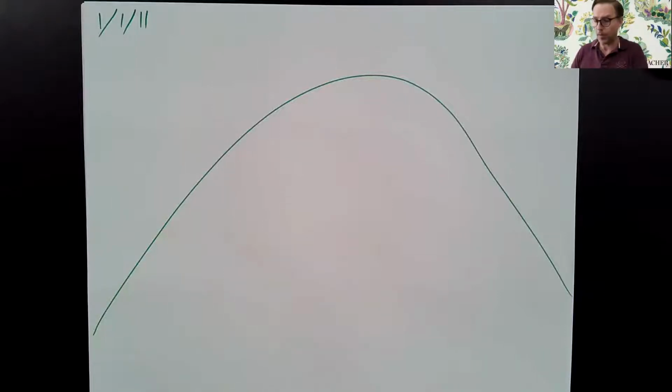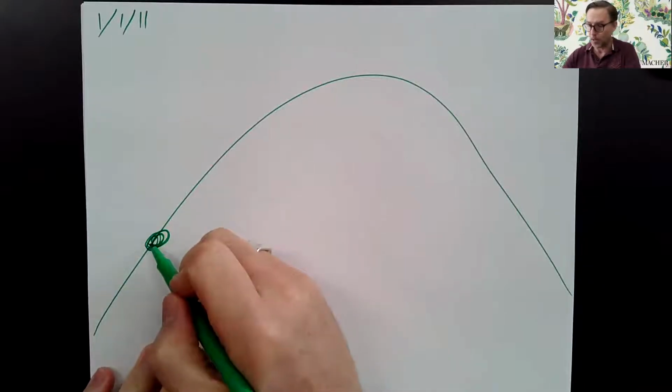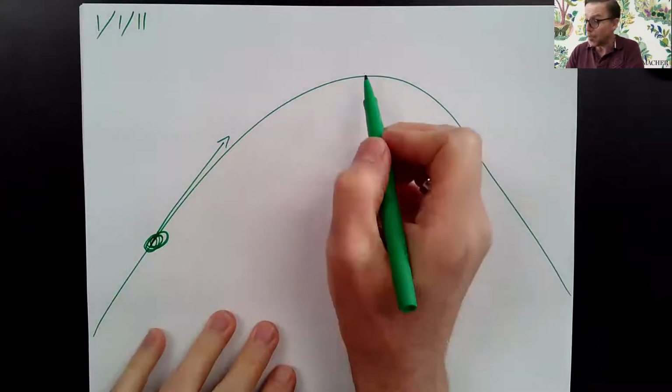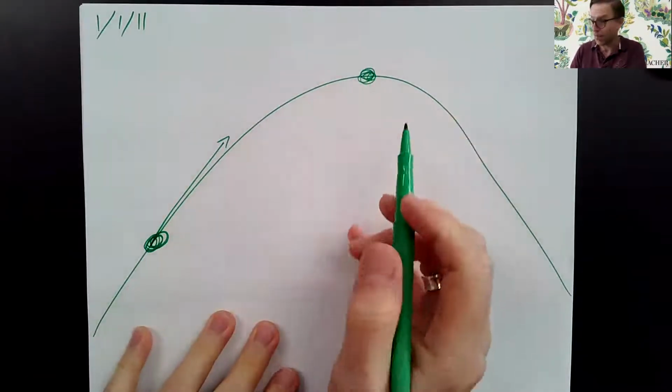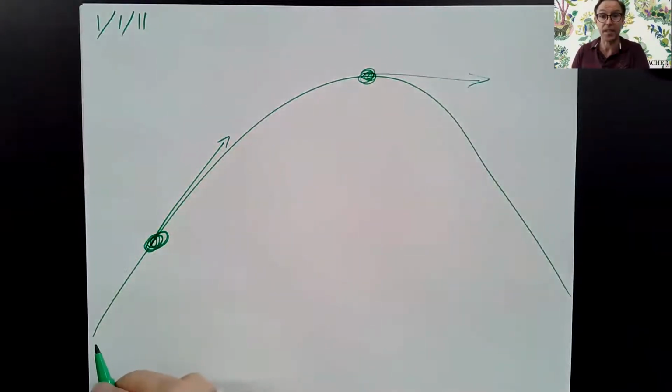Sometimes in the problem, the ball will start here, in which case the ball's initial velocity is up and right. Sometimes the ball starts here, in which case the ball's initial velocity is straight to the right. In problems where we throw something horizontally, or where something is rolling along on a table and then the table ends.